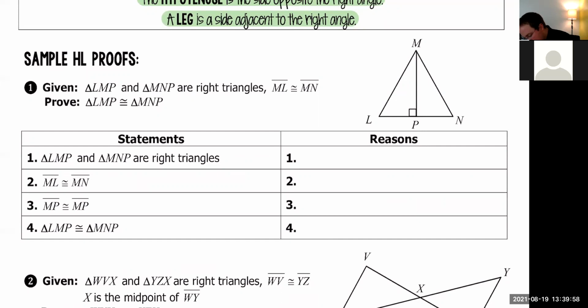And it's also telling me that ML is congruent to MN. So the first two statements are just our given statements restated. The third statement is MP is congruent to MP, which is just the reflexive property.